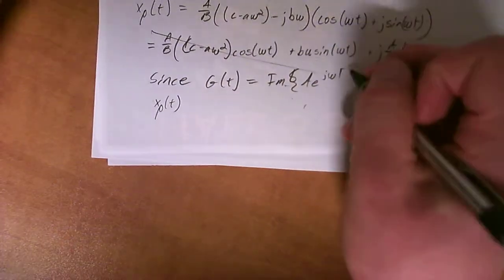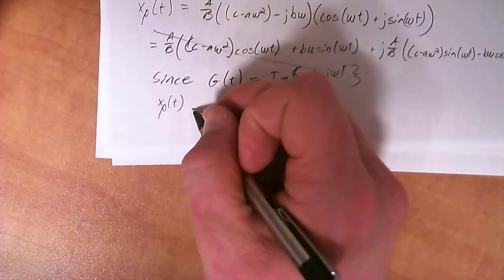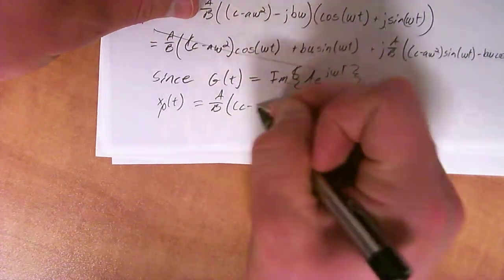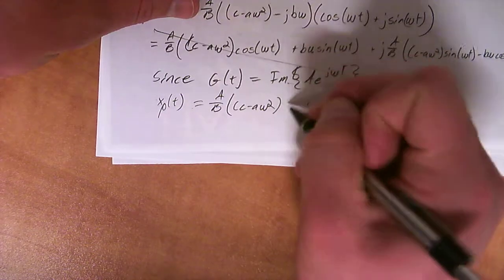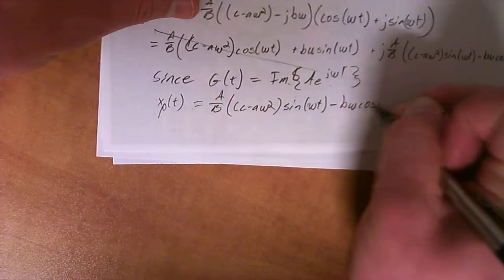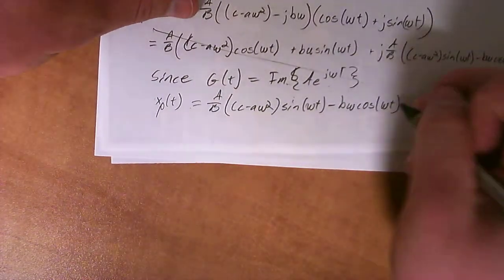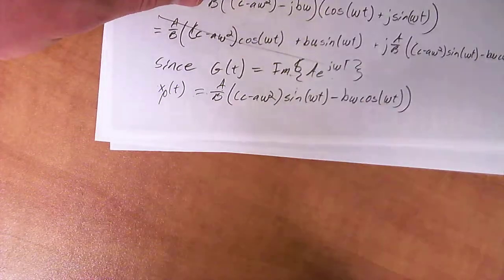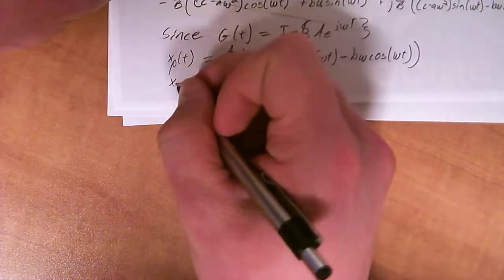So then xp of t, which is equal to the imaginary part of this, is then equal to A over B times C minus A omega squared times sine of omega t minus B omega cosine of omega t. All right, so the j dropped off because j just basically denotes that it's imaginary. So we took this whole piece and we set it equal to xp because it's imaginary.